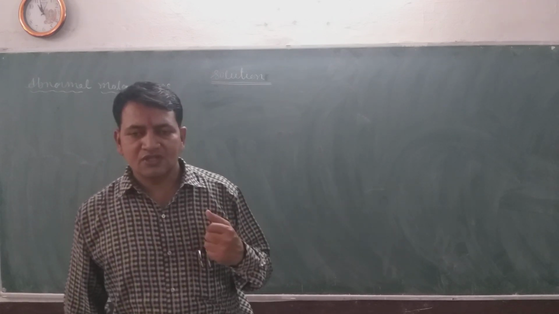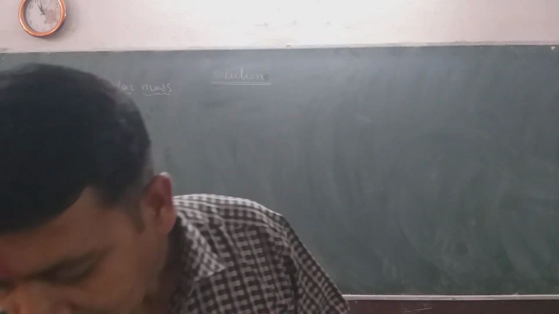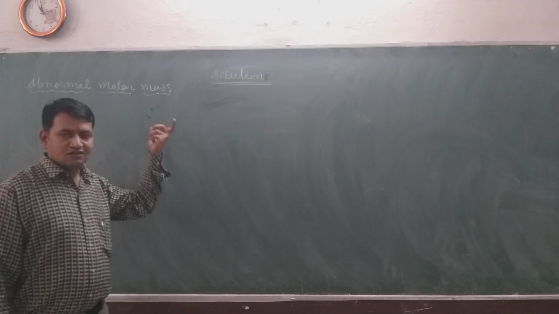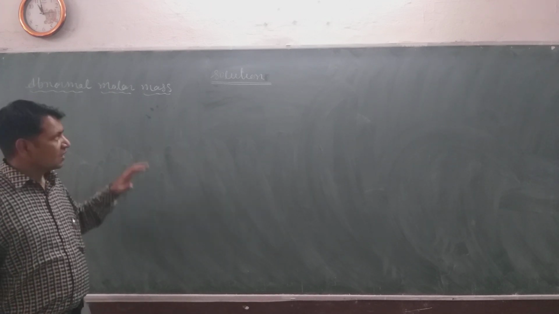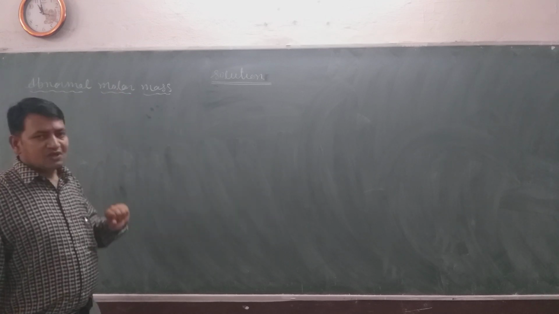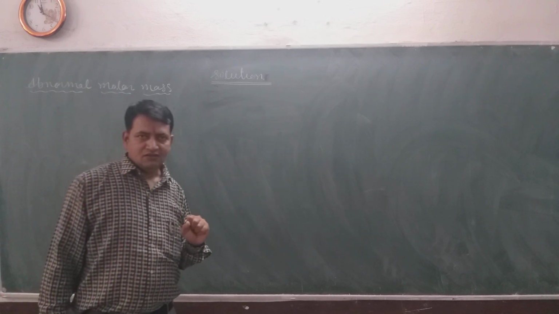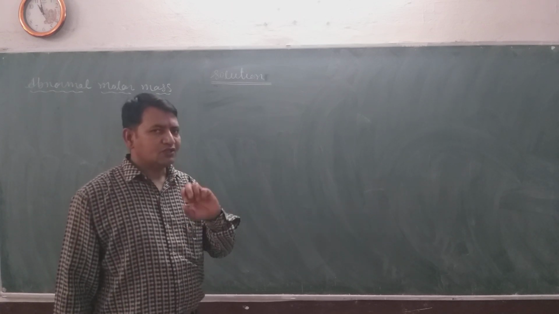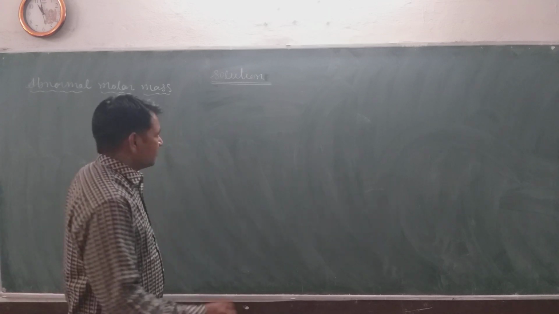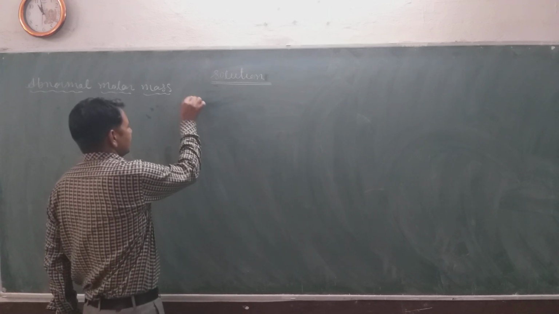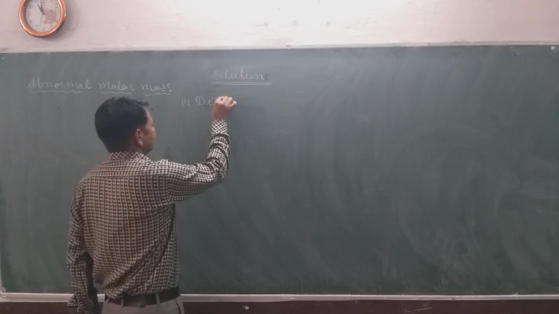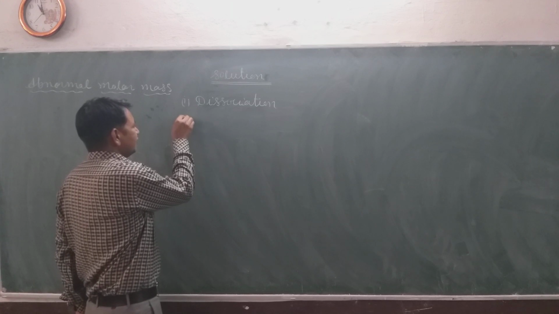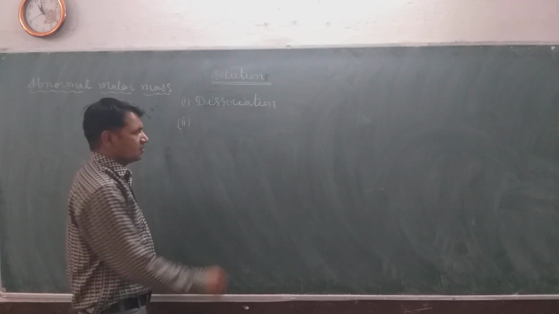So now the question is generated again: in which condition can the molar mass be different? The abnormal molar mass can be obtained for a solute in a solution due to two phenomena. The first phenomenon is dissociation, and the second phenomenon is association.